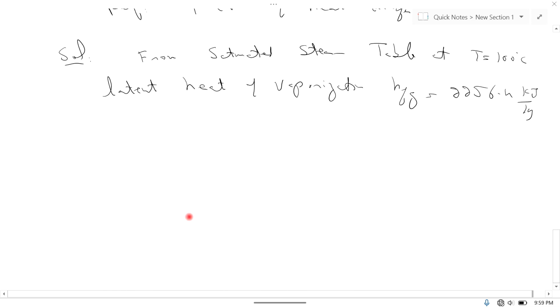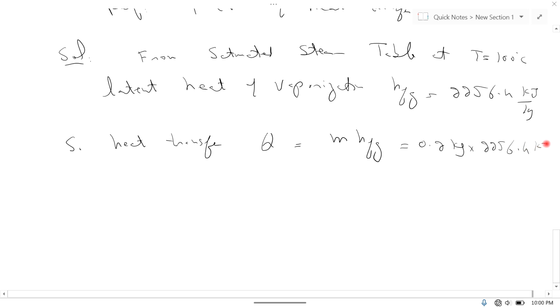So heat transfer, denoted by Q, is equal to mass multiplied by latent heat of vaporization. Mass given to us is 0.2 kilogram, and latent heat of vaporization is 2256.4 kilojoule per kg.